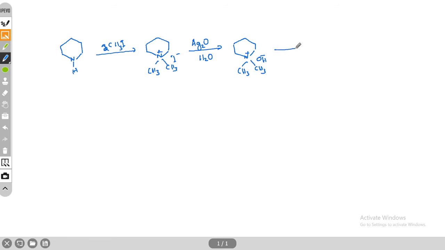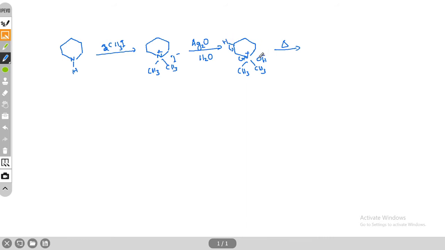Then we heat this substance. Then a beta hydrogen is eliminated. There are 2 beta hydrogens which are equivalent, so we can eliminate either of them.